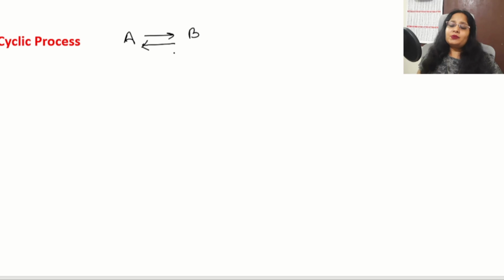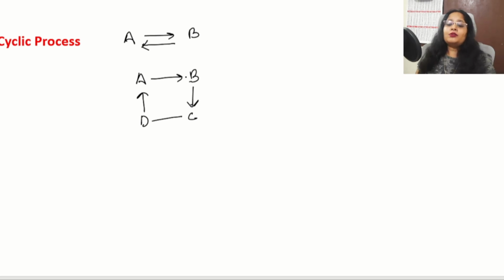This is called reversible process. Now what is cyclic process? Suppose we have A that changes to B, B changes to C, C changes to D, and D again changes to A. So what is going on here?